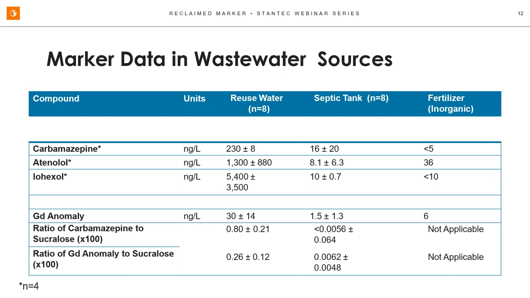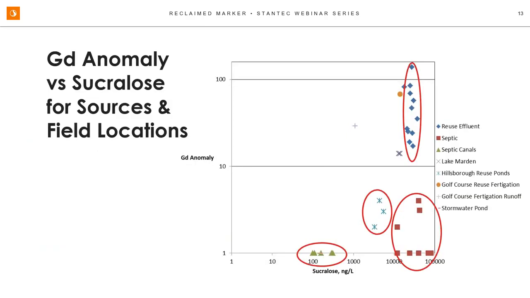What we found with the gadolinium anomaly was that we were running into sensitivity issues because we weren't finding all that much of it in the reuse water relative to the reporting limit of the methodology. So we tried doing some ratios of gadolinium anomaly to the sucralose just to see if that would help us get around some of the sensitivity problems.